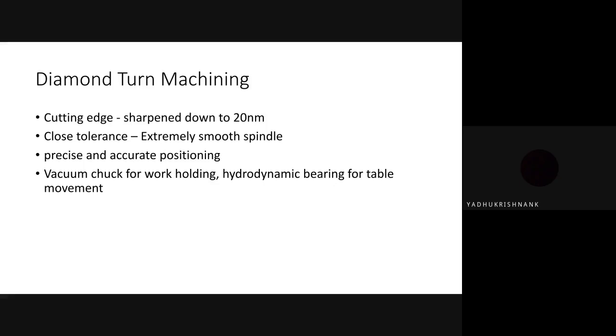Due to that, we have close tolerance, and precise and accurate positioning is also possible. Vacuum chucks are mainly used for work holding, and hydrodynamic bearings are used for the table movement. So these are mainly about diamond turn machining.